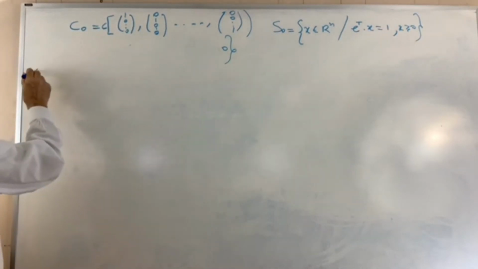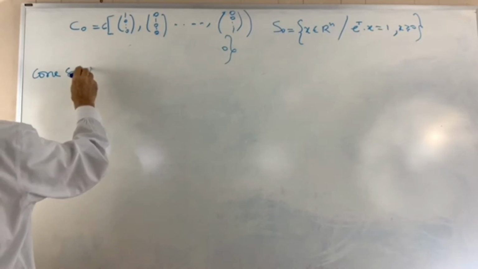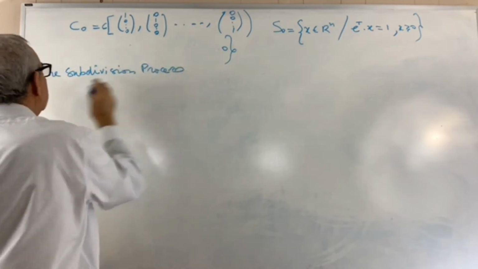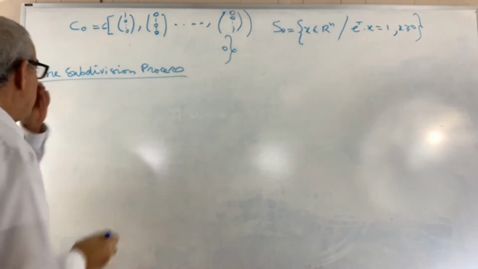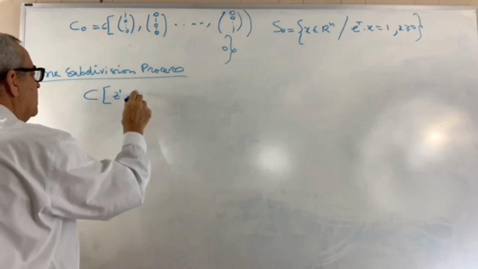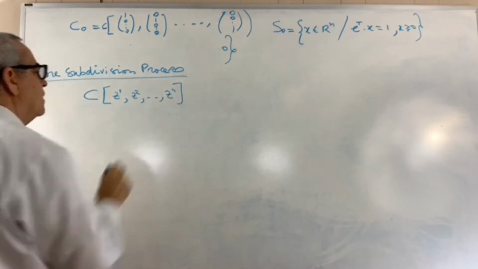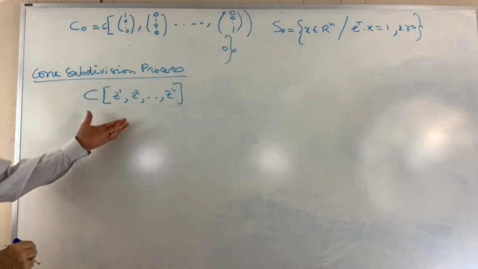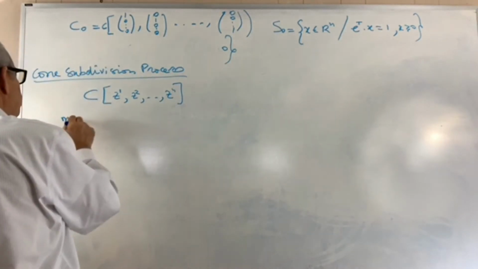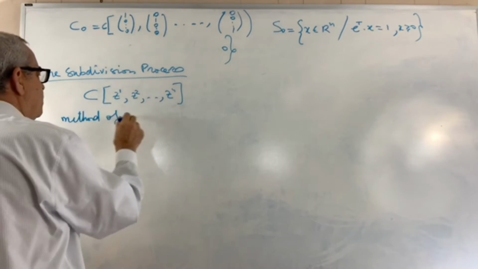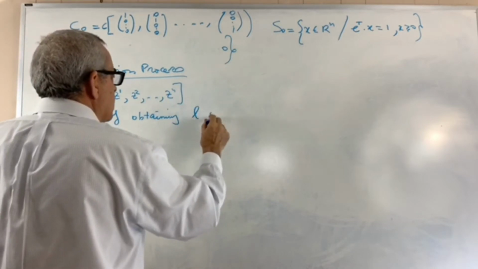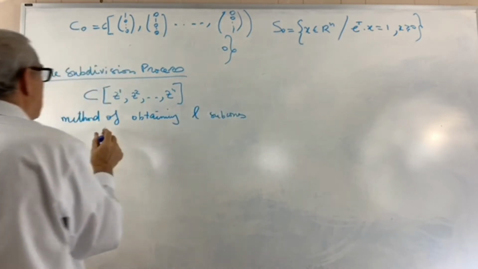It's a method where we start with any cone, C of Z1, Z2, ..., Zn, and subdivide it into smaller cones, let's say L subcones.